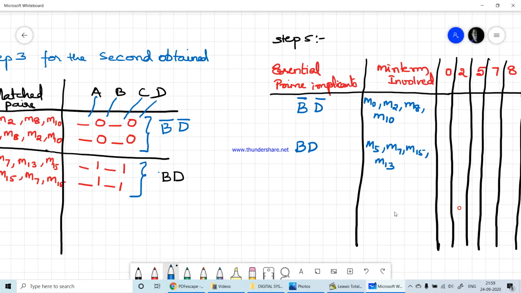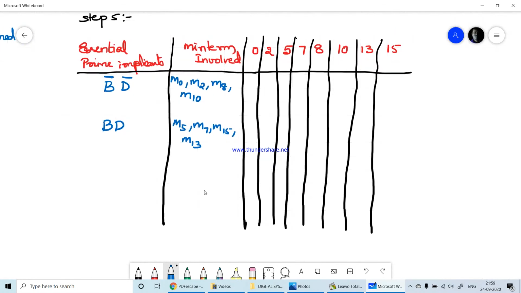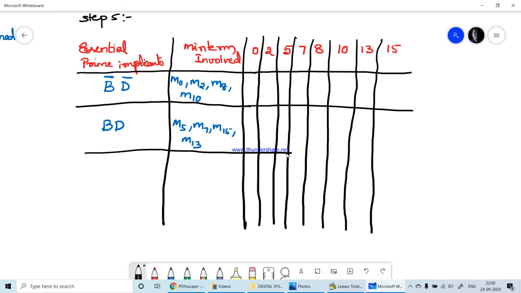Okay, so these are the minterms which are involved. So what we need to do in this step, see, this will give you the final reduction. This will give you the final expression.